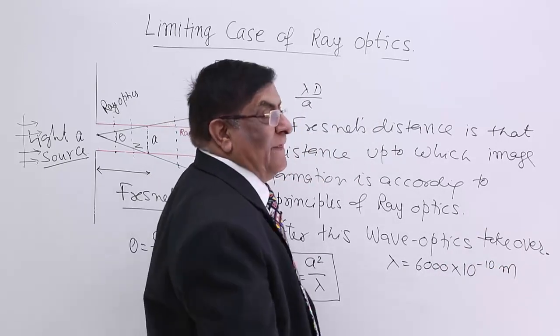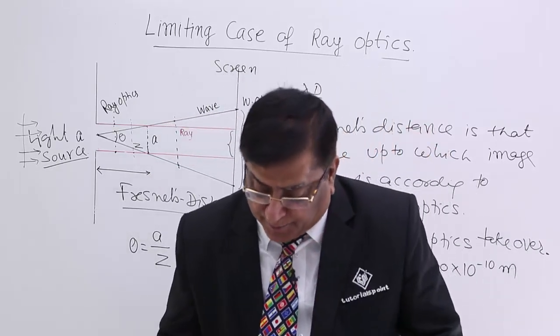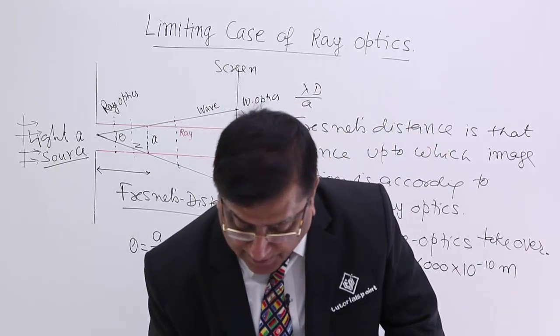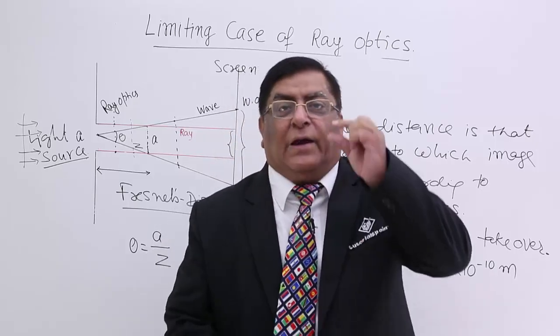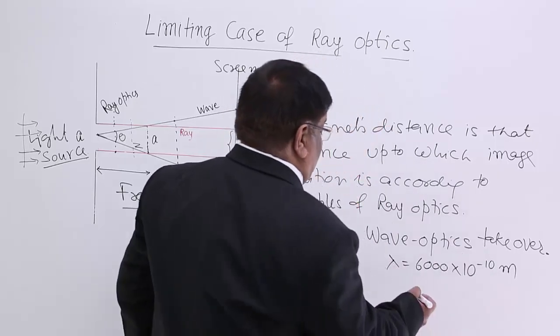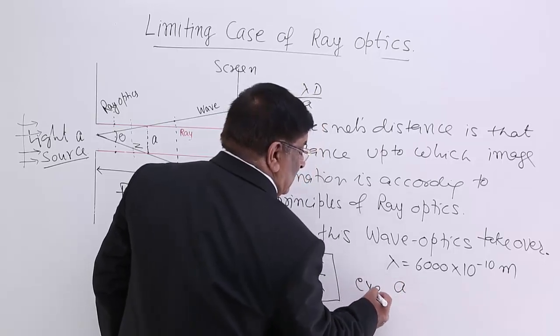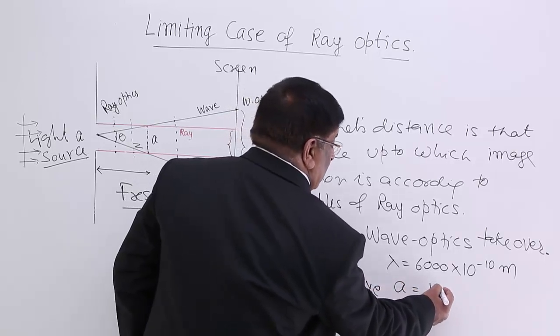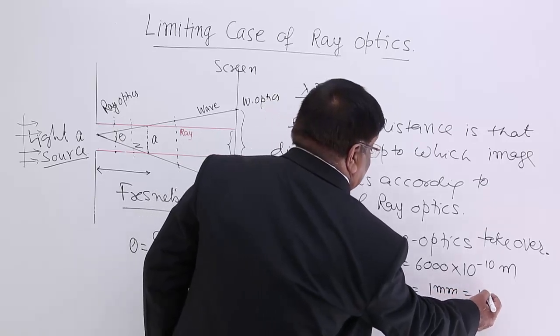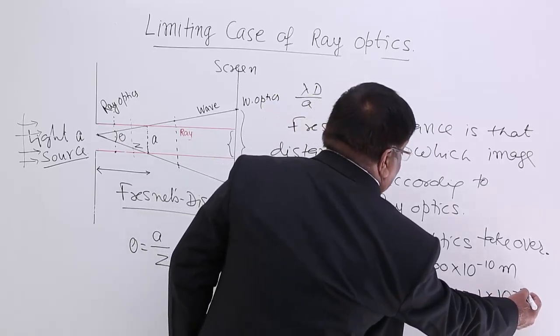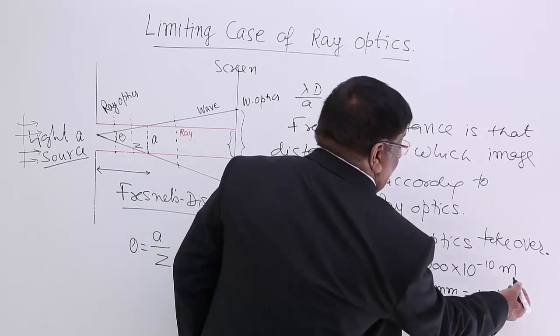6000 angstrom is 6 into 10 to the power minus 7 meter. And human eye pupil is nearly 1 millimeter wide. So for eye, A is equal to 1 millimeter, that is equal to 1 into 10 to the power minus 3 meter.